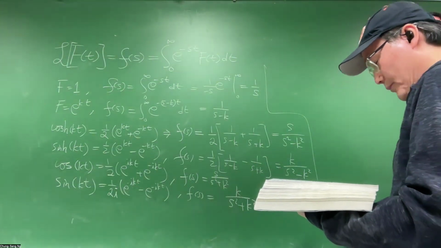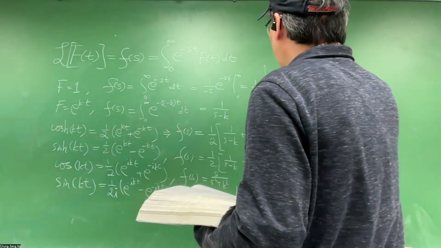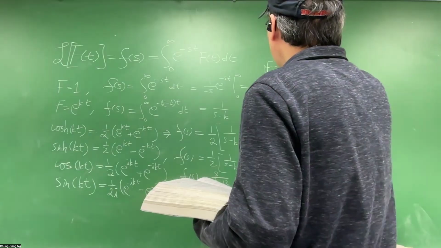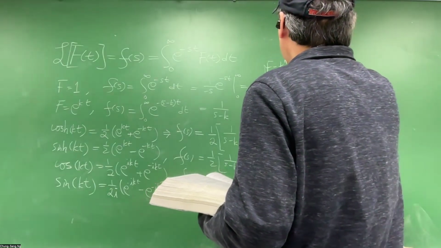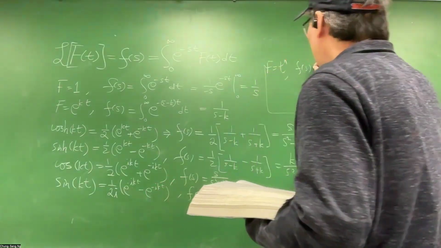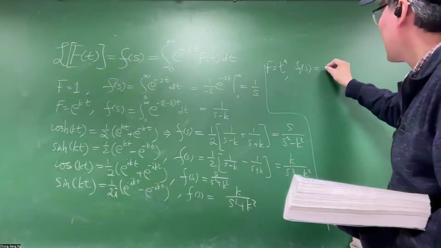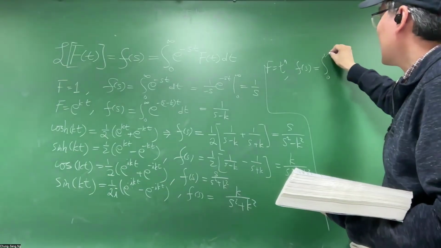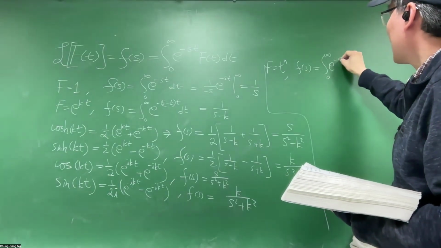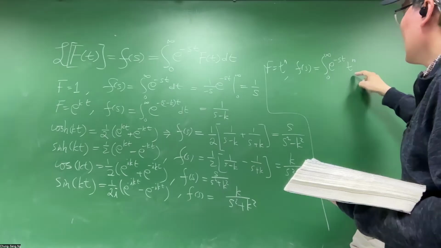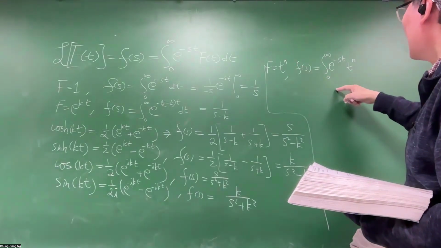The next one is power. So t to n, f equals t to the power n. The F(s) is just by the definition. This one is slightly more complicated, especially if n is not an integer.